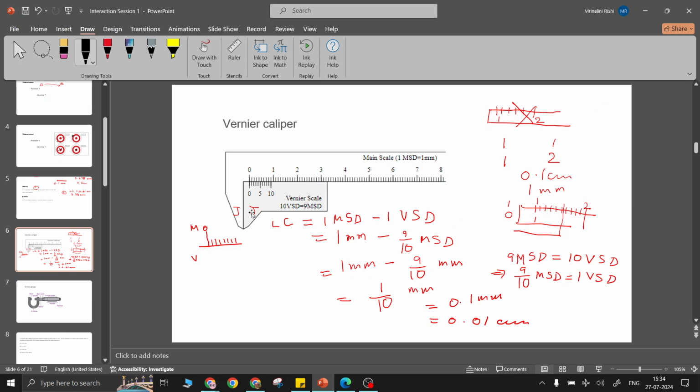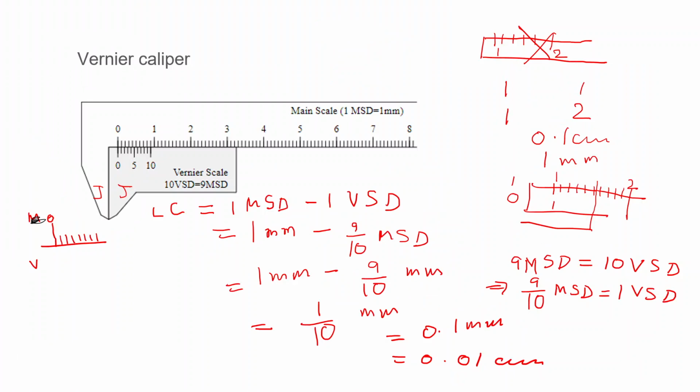Okay, so this is the main scale, the zero of the main scale, and don't confuse, this is nothing. Let me again make it full screen and pen.